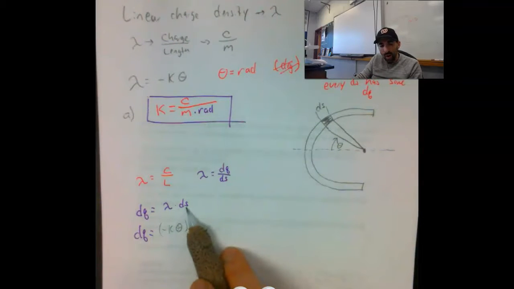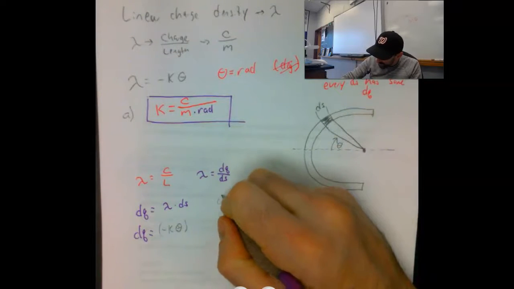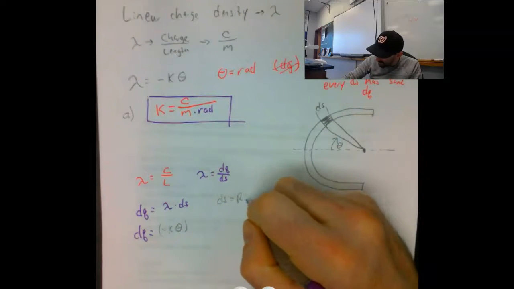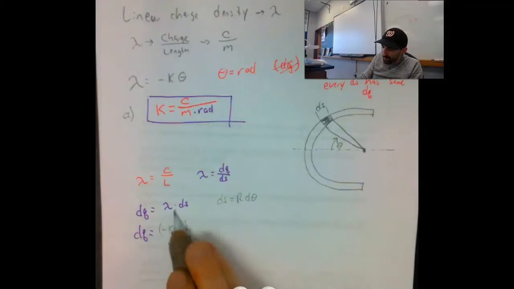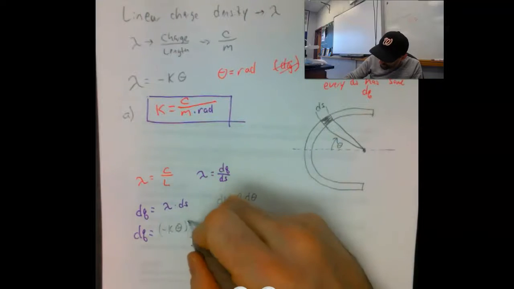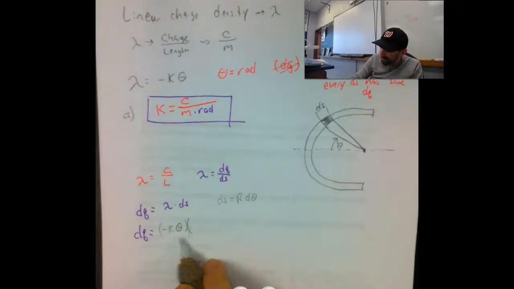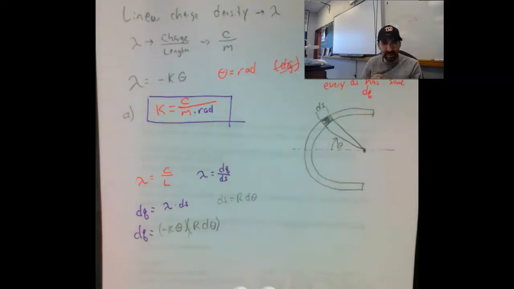If I recall arc length, I know by definition ds is equal to my radius times d theta. So I'm going to plug in for ds, and now I have dq by definition is equal to negative k times theta times r d theta.